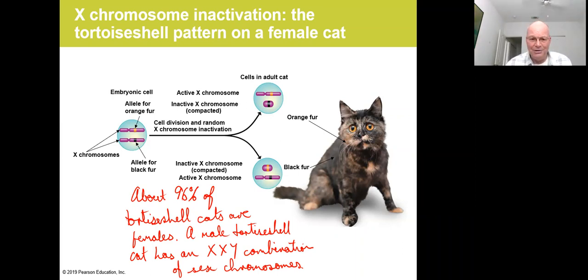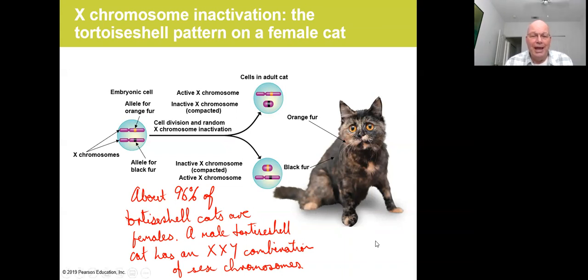And if he's heterozygous across those two X chromosomes for this coat color gene, then he will be himself tortoiseshell, just like his female compatriot. So when you see a male tortoiseshell cat, you know what its sex chromosome complement is. It's XXY. That's certain in these circumstances.